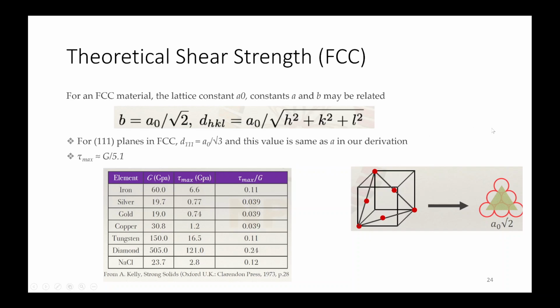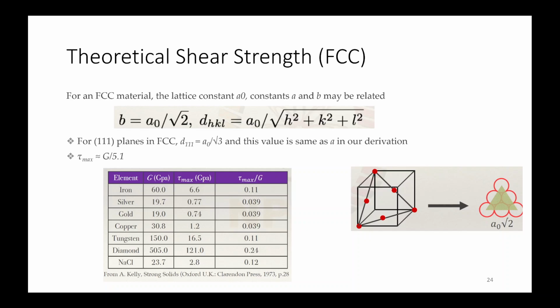What will be the benefit of calculating it if such a material is not available? At a smaller scale, in microns or some such sizes, we can form pure crystals.